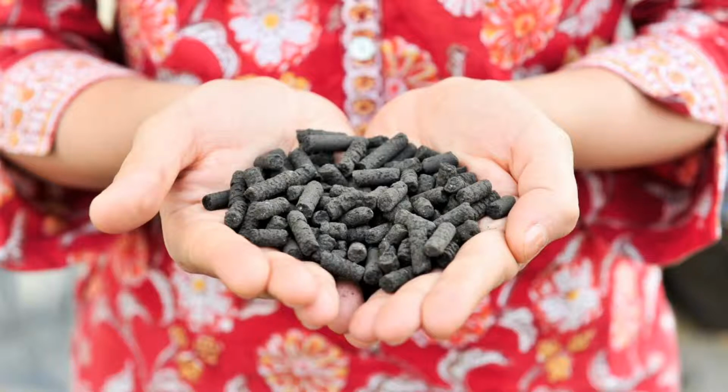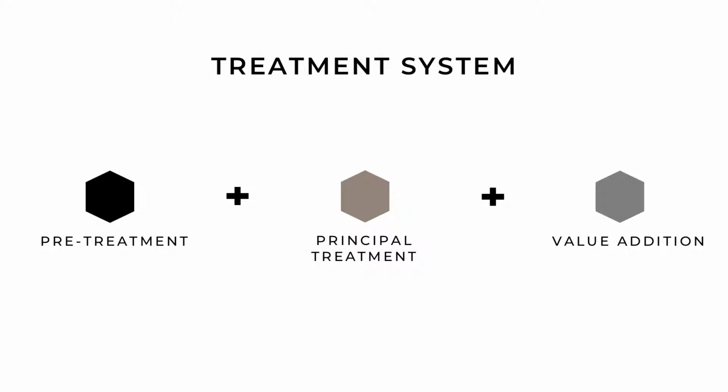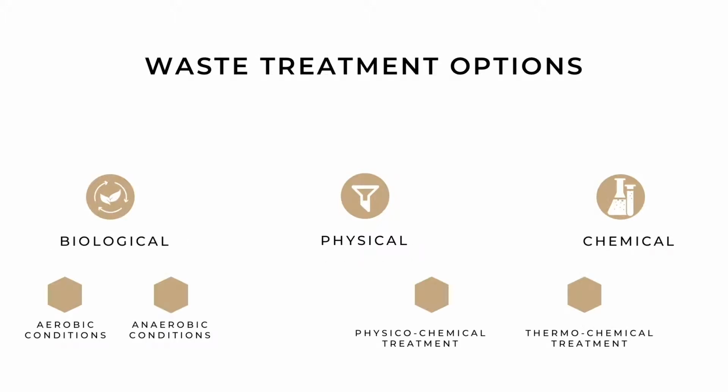So, before I introduce the specific technologies, let's recap what you have just learned. Now you know that in order to convert a waste stream into an other product, you need a treatment system composed of 3 steps: pretreatment, principal treatment, and value addition. You also know that for each of these steps, you can have biological, physical, or chemical treatments.